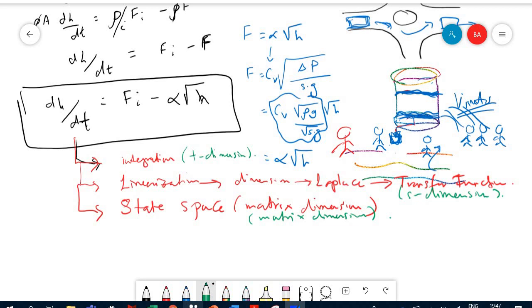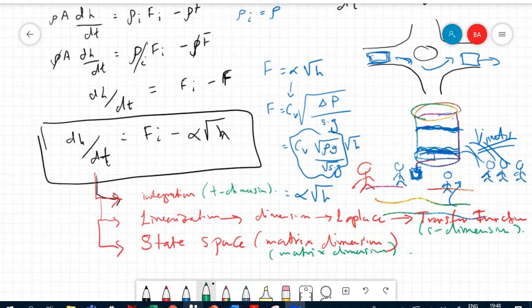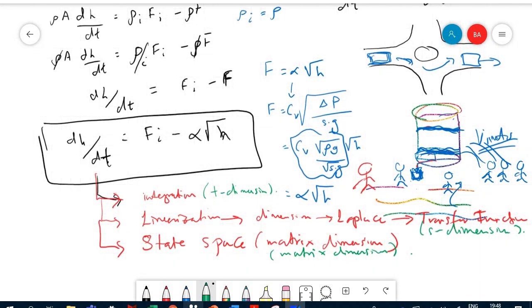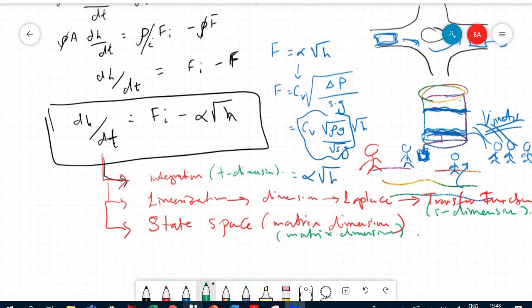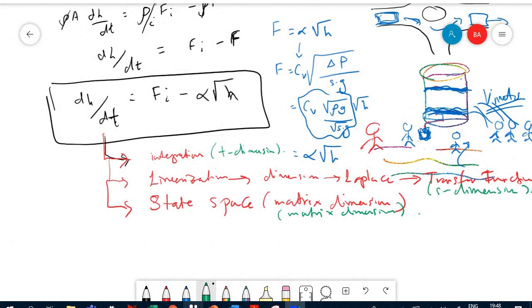Okay, so this is about solving the differential equation, but our aim today is to know how to develop the model equations. We got dH by dt is equal to Fi minus alpha square root of h. So that was our goal here. Beautiful.